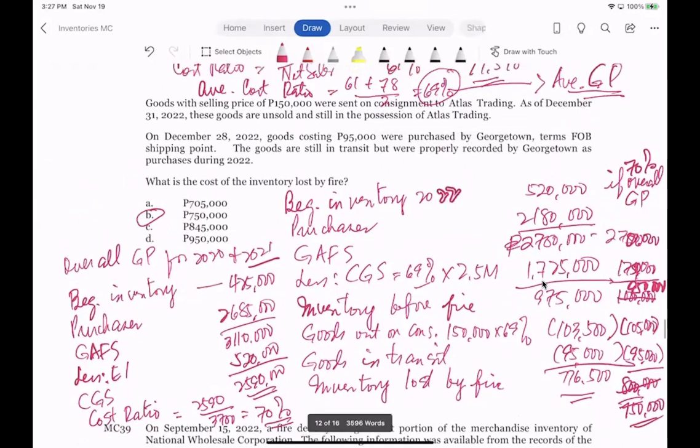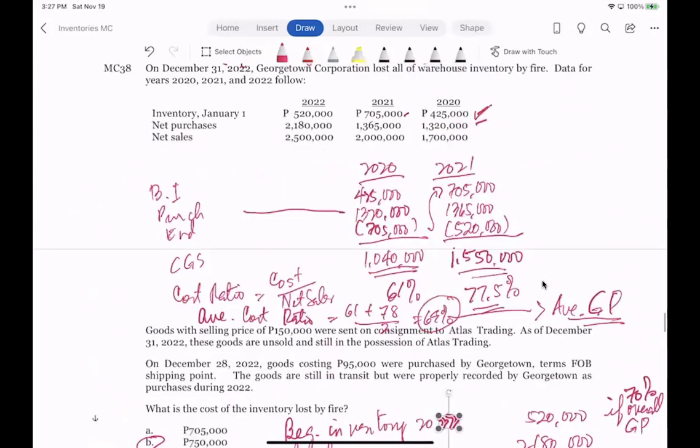In the overall gross profit ratio, the previous years, 2020 and 2021, as given here, will be taken as one. That means, therefore, that the beginning inventory is the beginning of 2020, and the ending inventory is the ending of 2021, which is the beginning of 2022. So that is on a trial and error basis. But if this supplies the answer, both answers will be considered as correct whether you compute it based on average gross profit ratio for 2020 and 2021 or based on overall gross profit ratio.